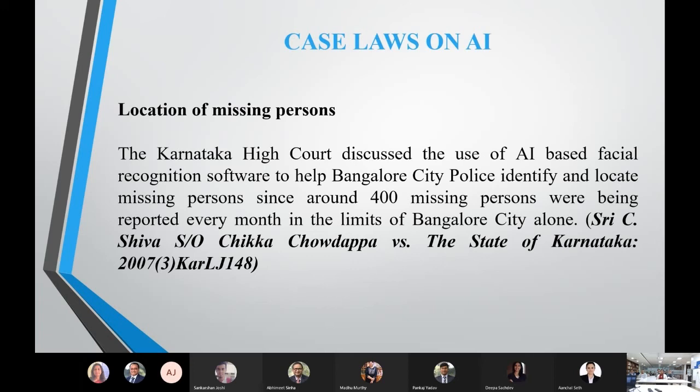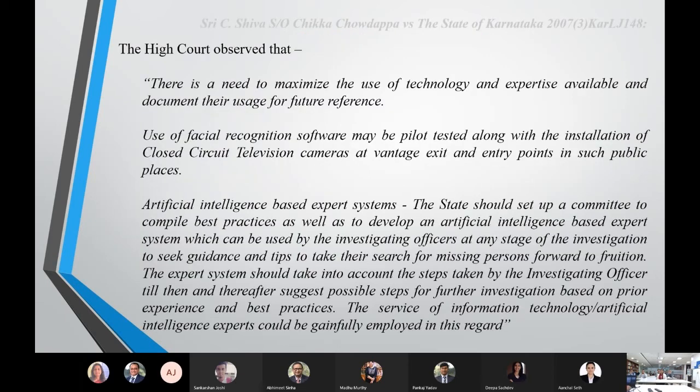During the hearing, the Karnataka High Court discussed the use of AI-based facial recognition software to help the Bangalore City Police identify and locate the missing persons. So the High Court took it very seriously and started deliberating on how to use AI for this purpose.